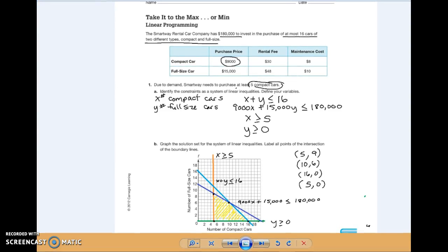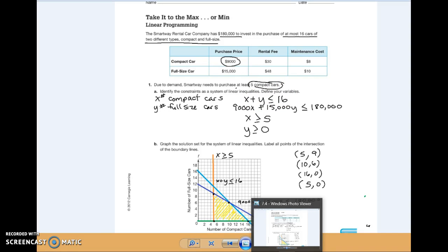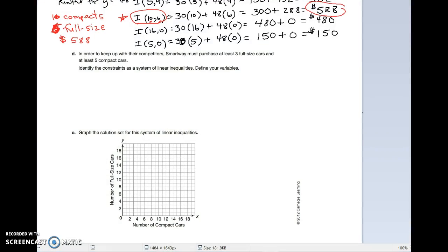If you remember, we had x plus y is less than or equal to 16. We had 9,000x plus 15,000y has to be less than or equal to 180,000.